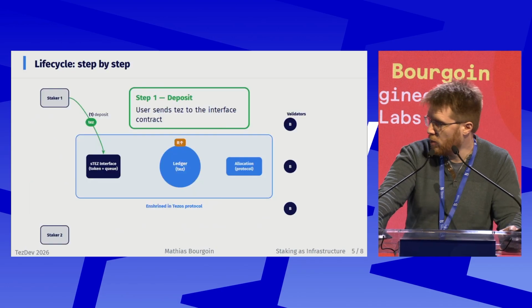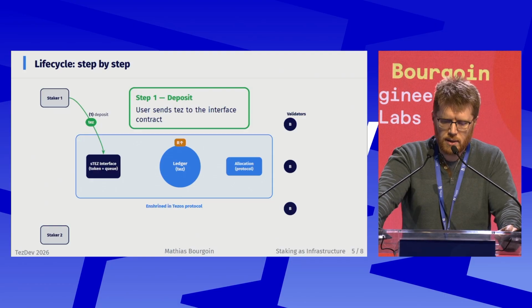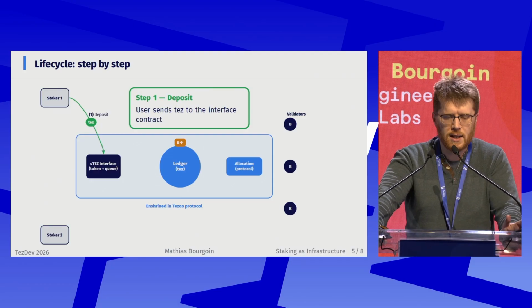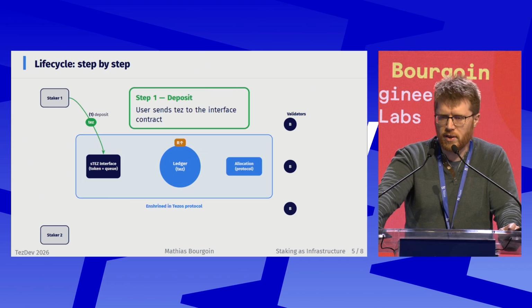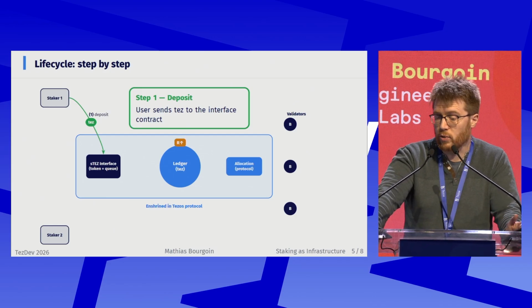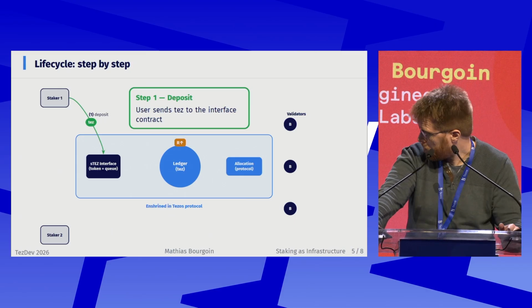So let's go a bit more into the mechanism itself. We have this system enshrined in the protocol, and if you are a staker, you can, as you would with any FA2 contract, deposit some Tez into a contract, something that looks like a contract but is actually embedded in the protocol.